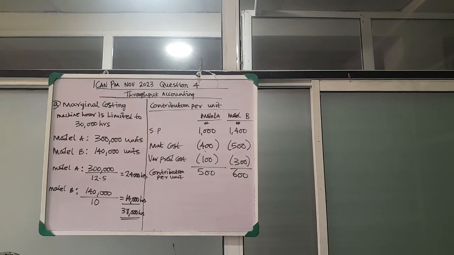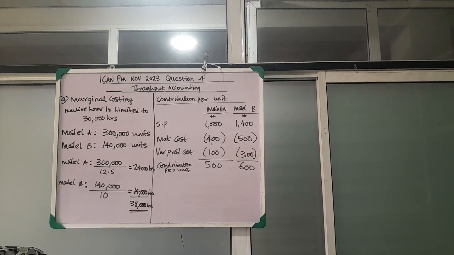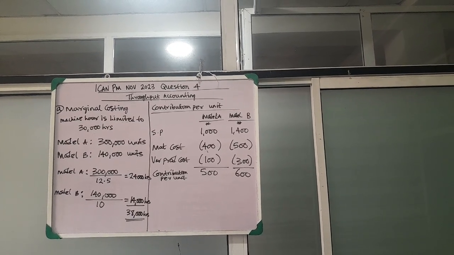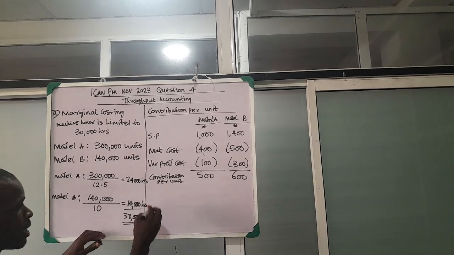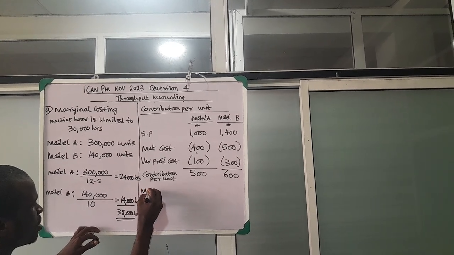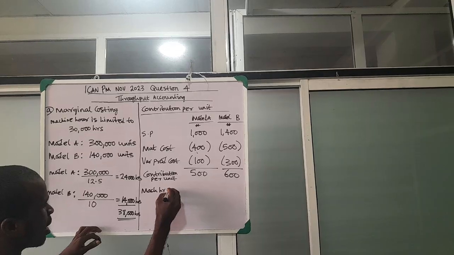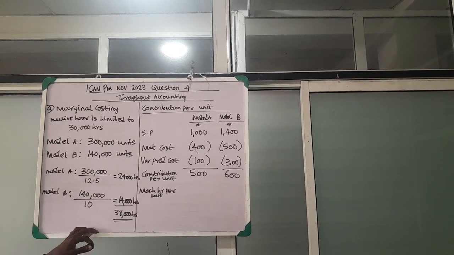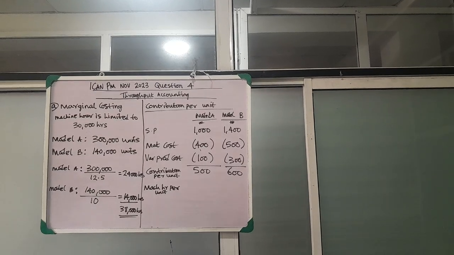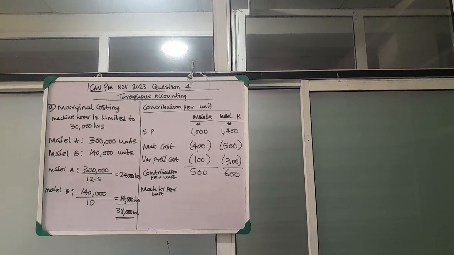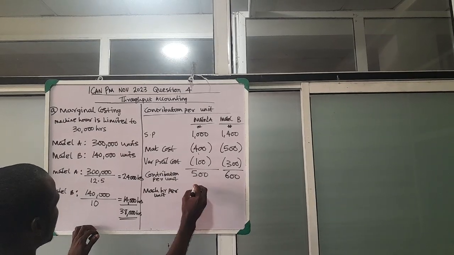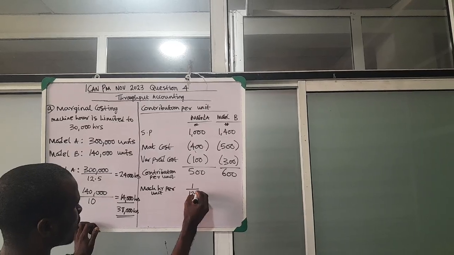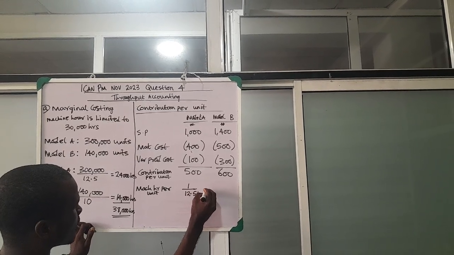Since you have gotten the contribution per unit, we need to get the contribution per machine hour. Now the machine hour per unit needs to be gotten as well. Clearly they told us in the question that we produce 12.5 units per hour. So machine hour per unit for A is 1 over 12.5 hours, which gives us 0.08 hours.